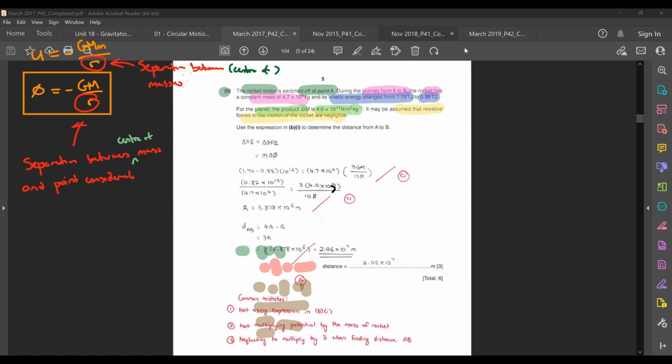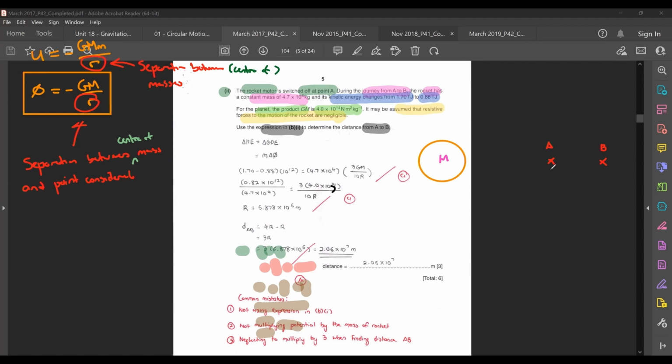So use the expression that you've just found in B1 to determine the distance from A to B. So let's just try and consider something like this. This one was your main mass just now. This is your planet. And then after that, you had 2 points to consider, point A, and then you have point B. Okay.